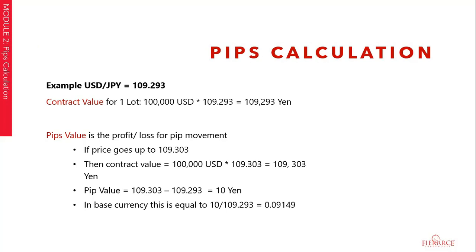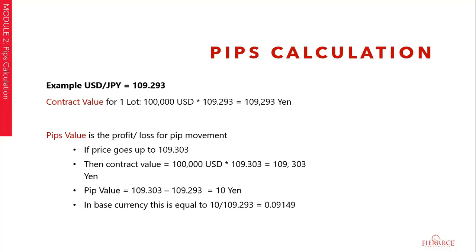So in this example here, we have the USD quoted against the Japanese yen. So we like to call it USD/JPY. In short, you hear people saying UJ. So UJ has been quoted as 109.293. That basically means that $1 is equal to 109.293 yen.